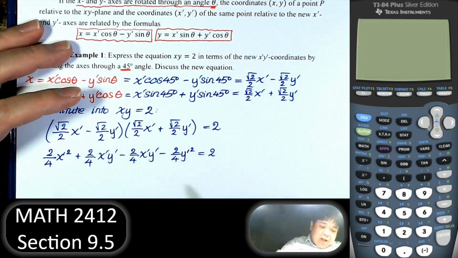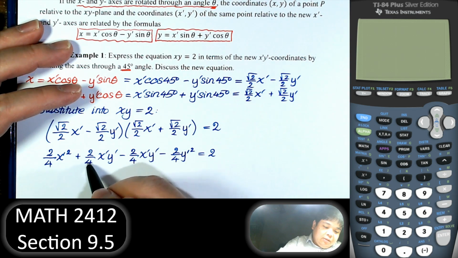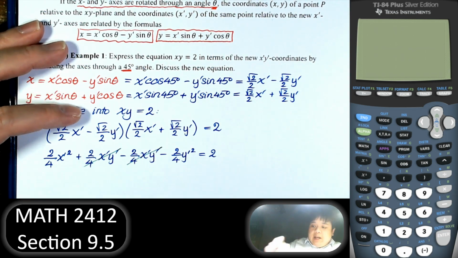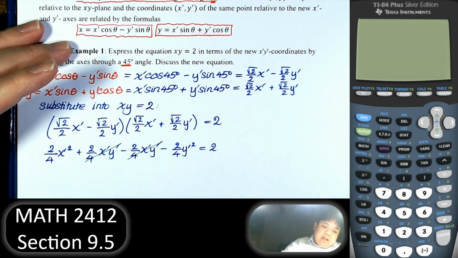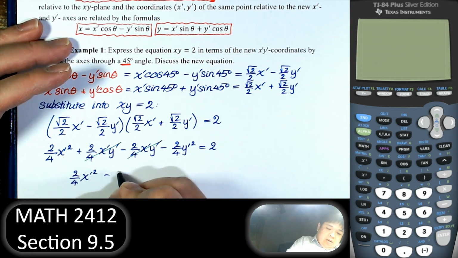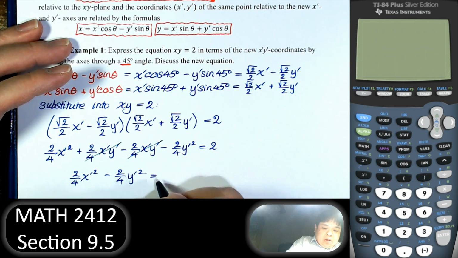Now when we multiply this out, the middle terms cancel out in this case, and we have 2 over 4 x prime squared minus 2 over 4 y prime squared equal to 2.